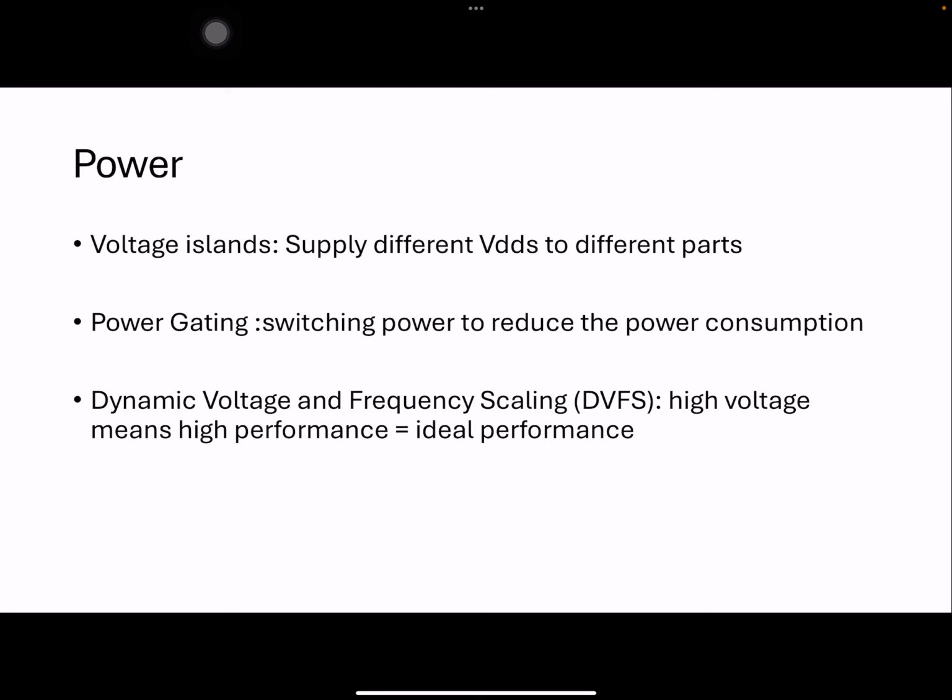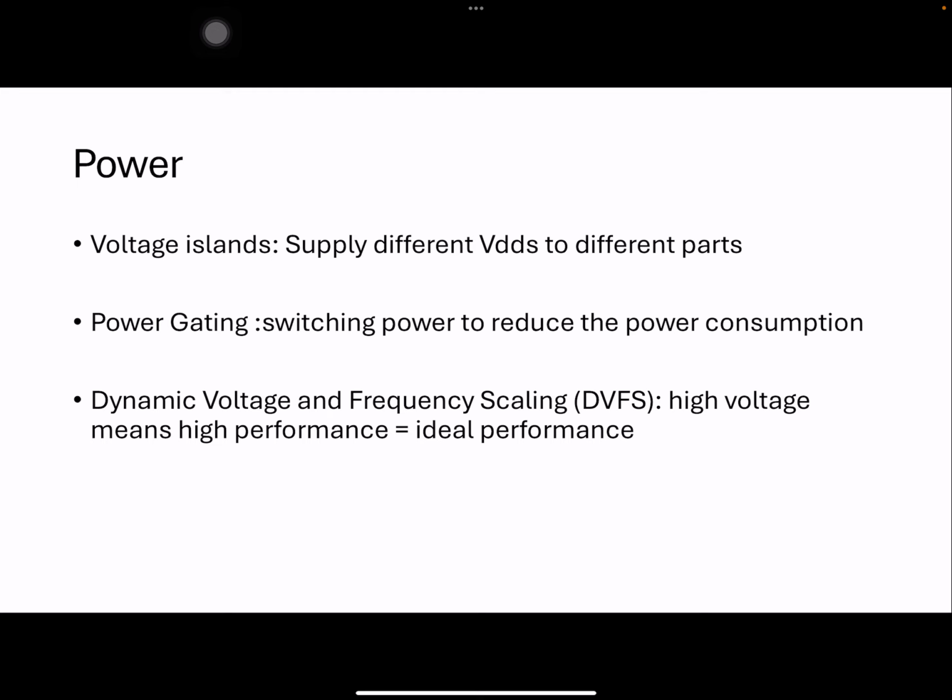And the second one is power gating, which means switching power to reduce the power consumption. It's like a switch. You can close it or open it. And the last one is dynamic voltage and frequency scaling.